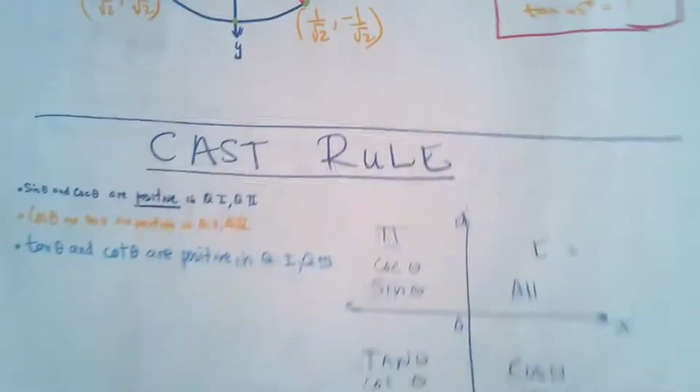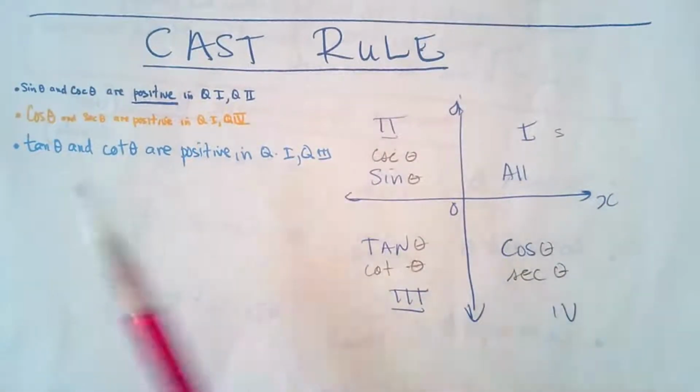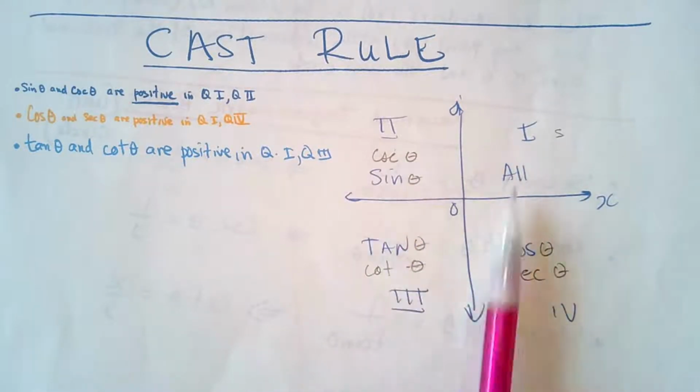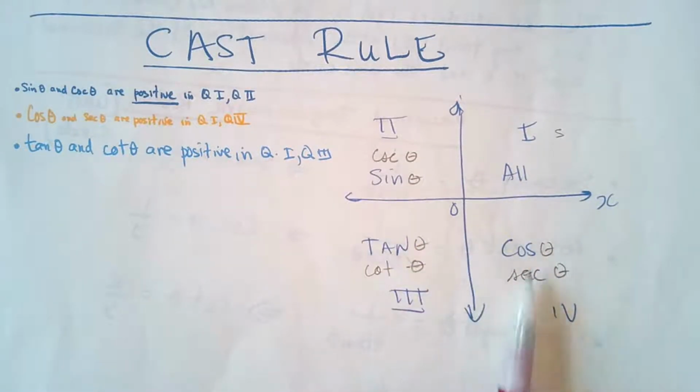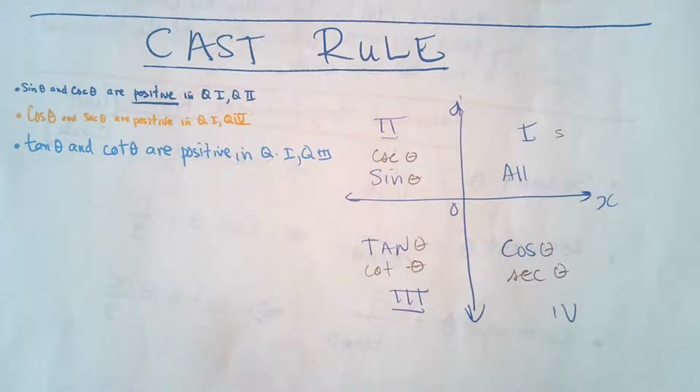Also, we'll be looking at the CAS rule. Just remember that the CAS rule is an acronym to remember the 4 quadrants, and where in these 4 quadrants the trig ratios are positive or negative. So in quadrant 4, only cosine and secant theta are positive.